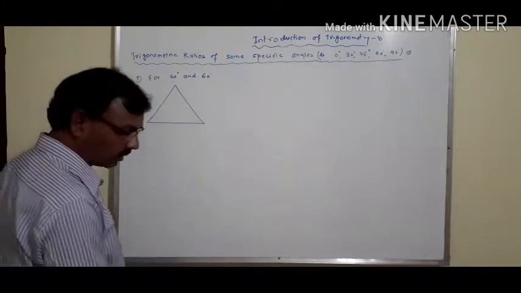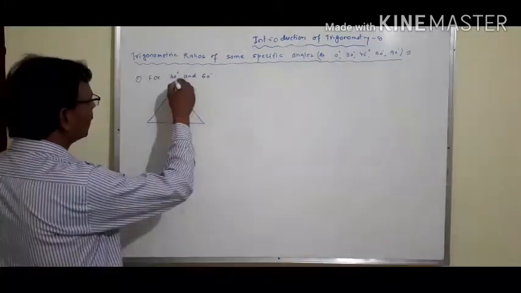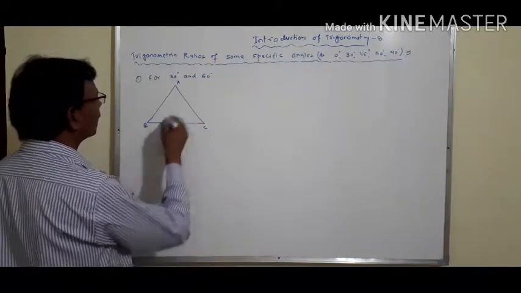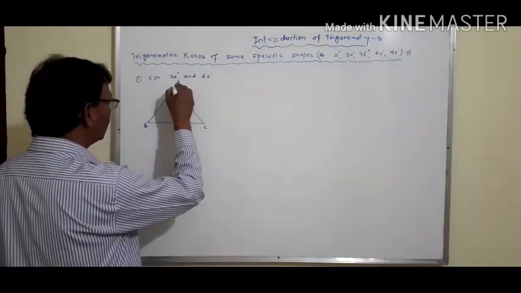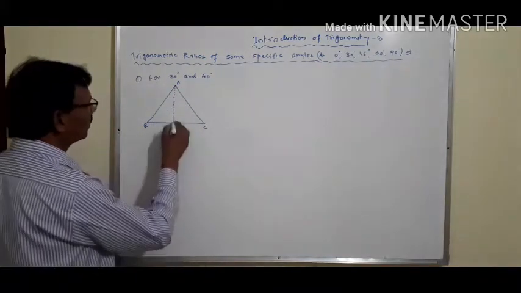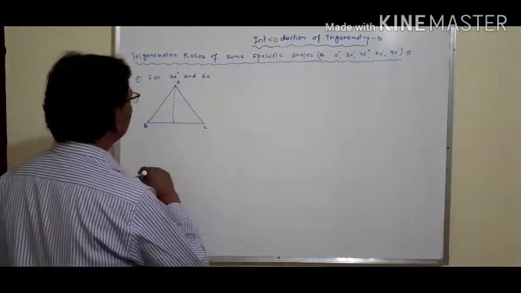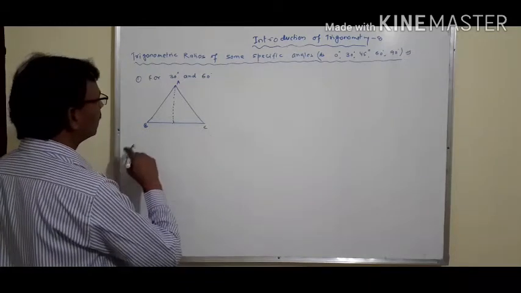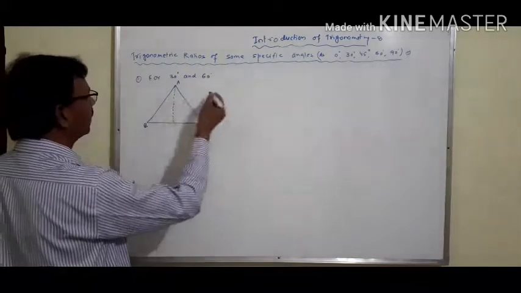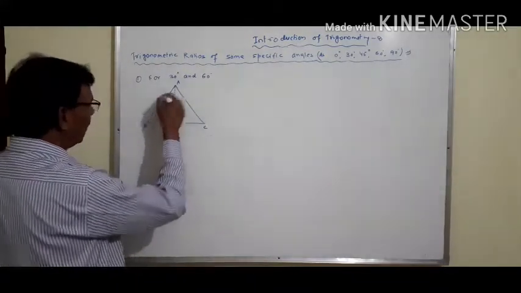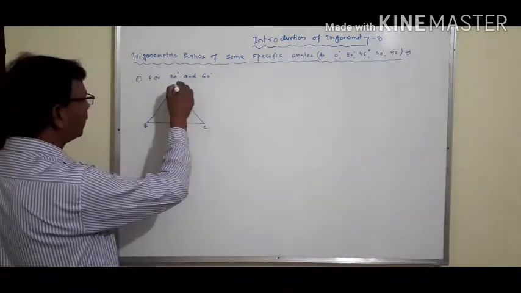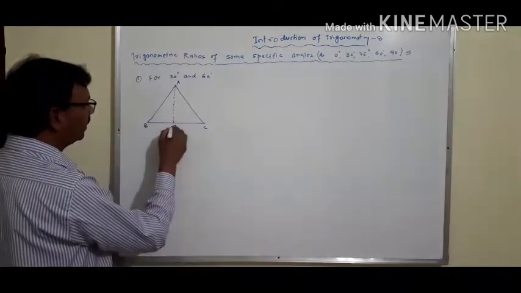An isosceles triangle A, B and C. Draw a perpendicular from vertex A to the BC. Sorry, this is not an isosceles triangle, this is an equilateral triangle. ABC is an equilateral triangle and draw a perpendicular from vertex A on BC.